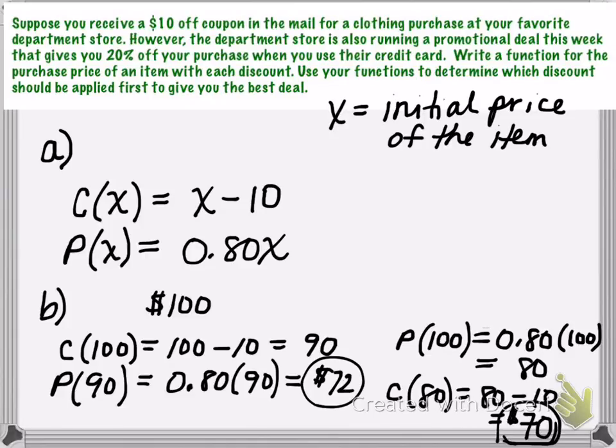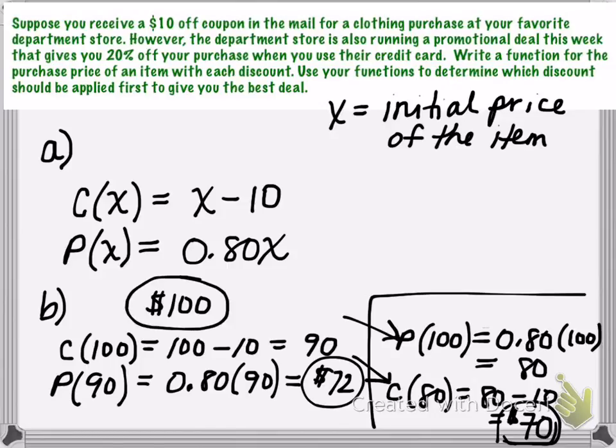Now you can look at your two ending prices here and see if this matched your instinct. Obviously, we end up with a cheaper item when we apply the 20% first and then the $10 coupon second. But this is only showing that this is true for one initial price, my one item that initially cost me $100. And we want to be able to show that this is going to be true in all cases.